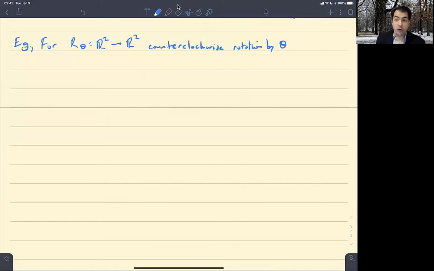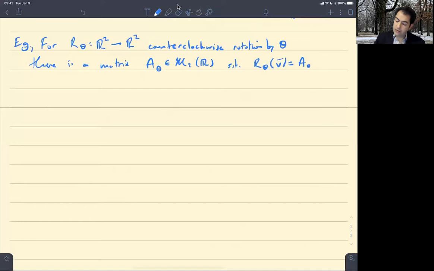It goes from R2 to R2. So we know that it's given by matrix vector multiplication. Let's call the matrix A sub theta. So we know that there's a 2 by 2 matrix with real coefficients such that R theta of a vector V is equal to A theta multiplied with V, right?